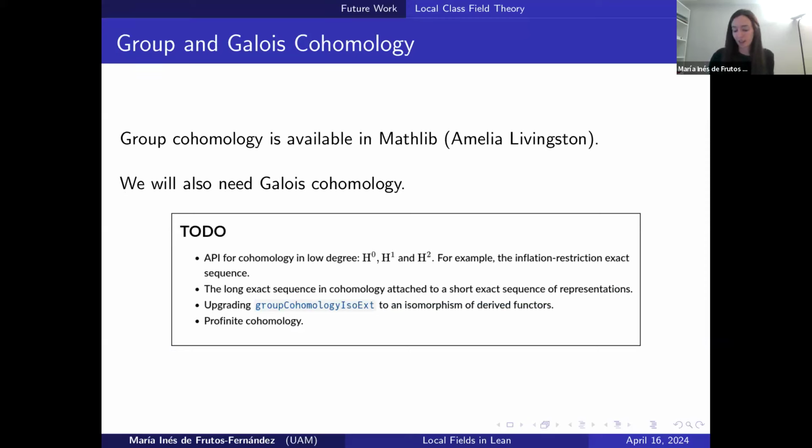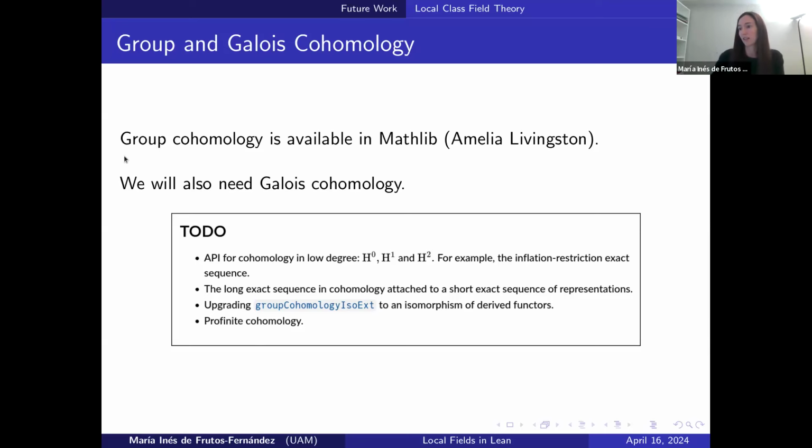So the first thing that we obviously need is to develop group cohomology and Galois cohomology. Group cohomology is already available in Mathlib, and this is thanks to work of Amelia Livingston. But Galois cohomology is still missing.